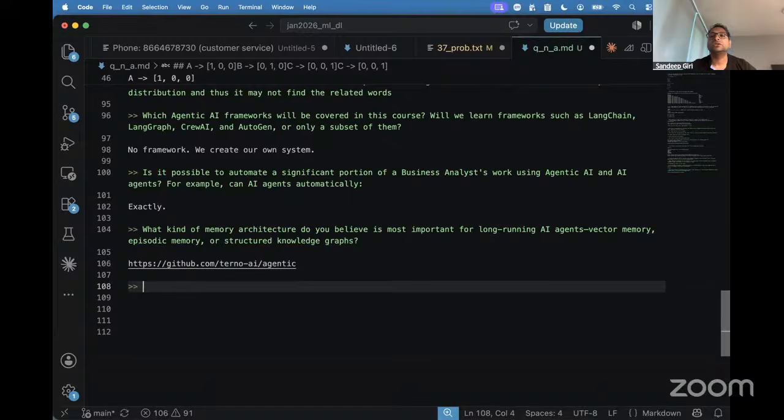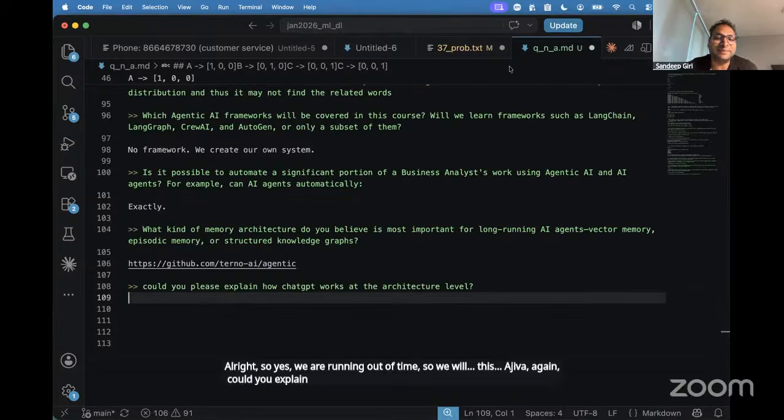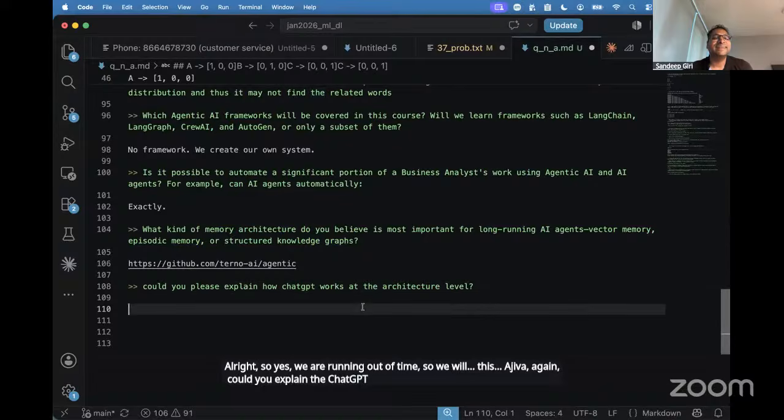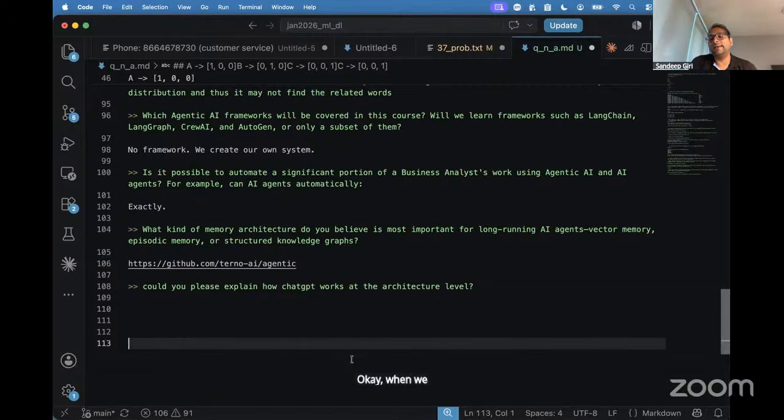All right. So yes, we are running out of time. Ajiba, again, could you explain how ChatGPT works and the architecture? I think this would take a lot of time. We'll discuss it in much more detail during the class. When we build our own LLM, at that time, you will have a lot of clarity.